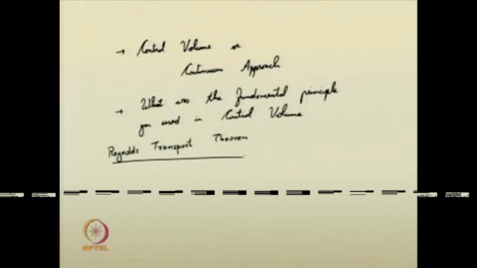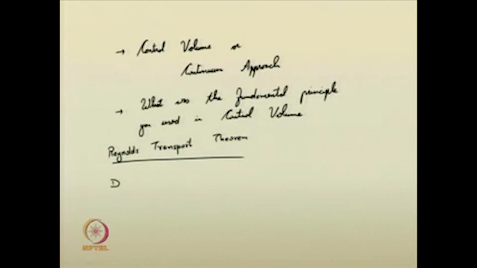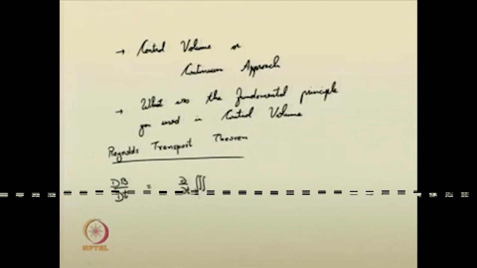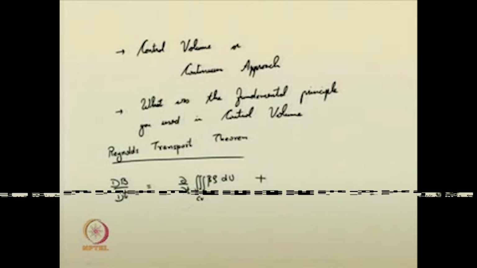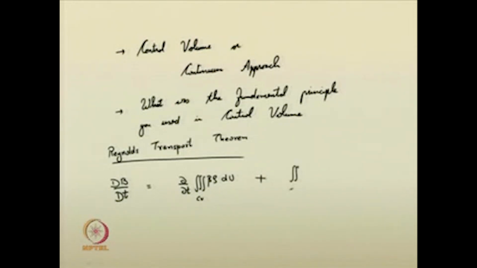So, what was the Reynolds transport theorem? The material derivative of any extensive property B is equal to the rate of change of that extensive property stored inside the control volume plus the net outflux of this extensive property across the control surfaces of the control volume.